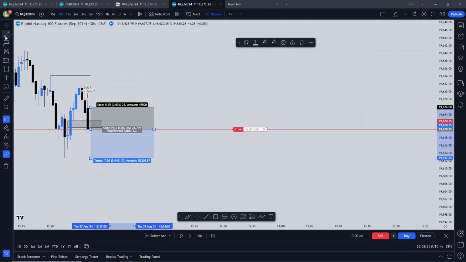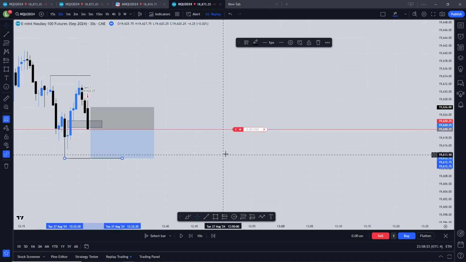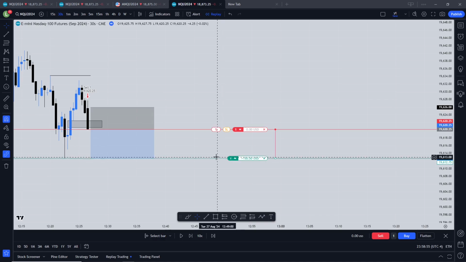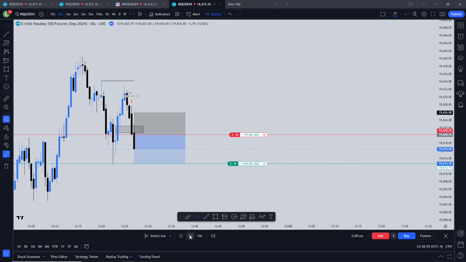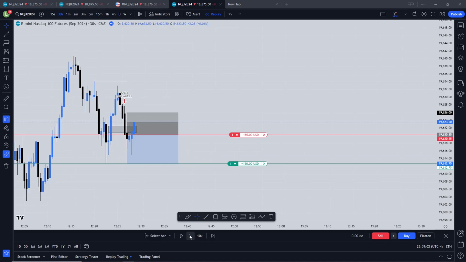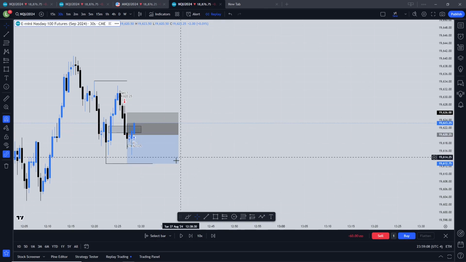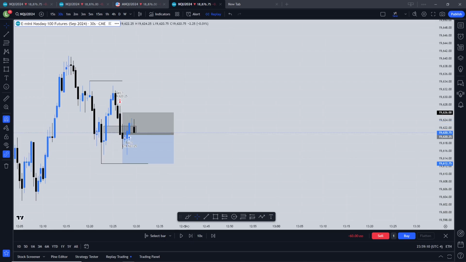With this, you could use this as the target right here. So full TP would be here at this close internal liquidity.